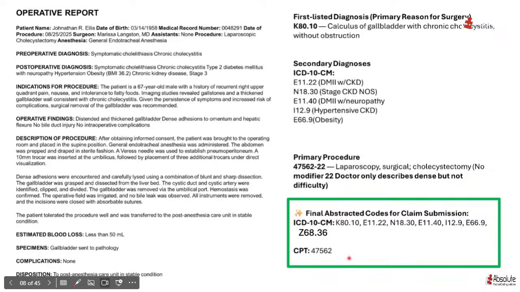Okay, coders, if you have any questions about the homework, go ahead and type in the chat. Now, if this is kind of advanced for you coders, it is advanced. This is for the coders that have been coding a little longer and have a command of the guidelines. They know to code as many diabetes mellitus codes that are applicable.